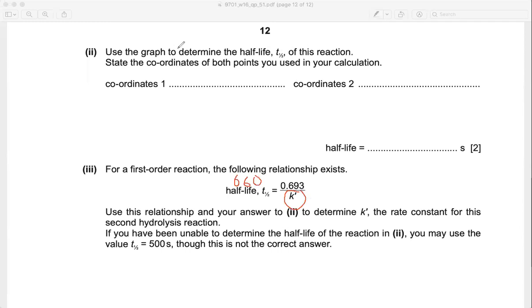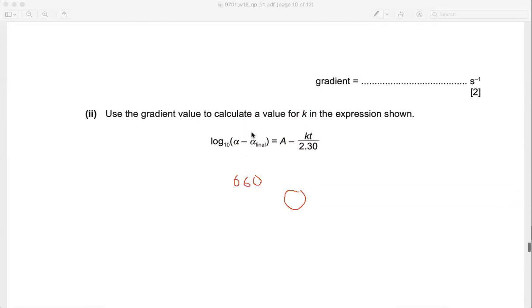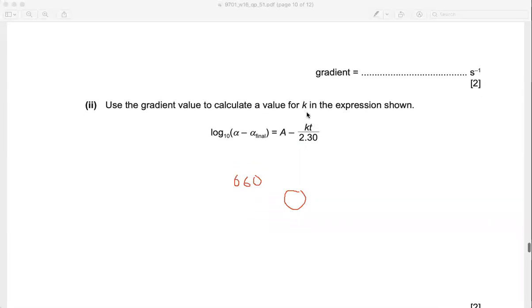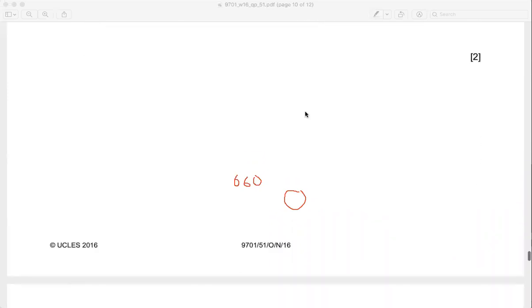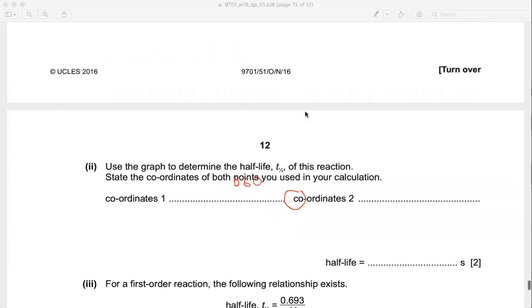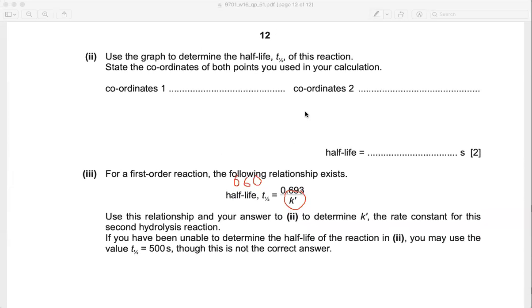The reason why they call it K1 is because if you remember in the previous page here, for the first part of the experiment, there is also a rate constant, but it's just K. So there are two different experiments at 2 different temperatures, and therefore they have K and K1. So calculate your K1, 0.693 divided by 660.